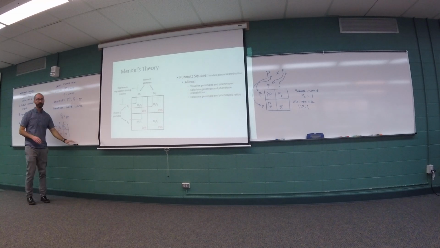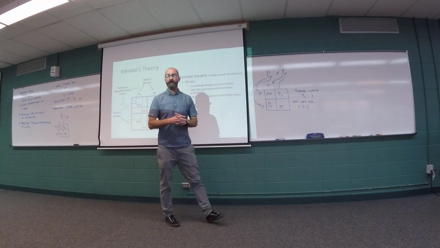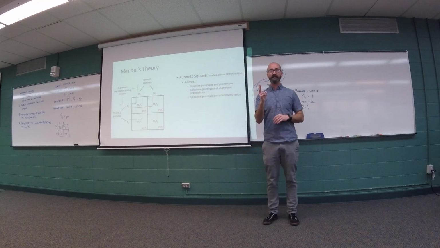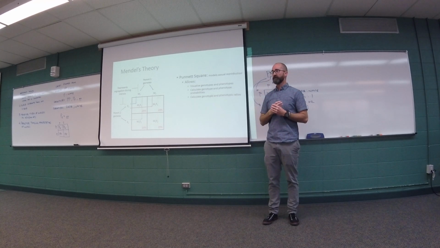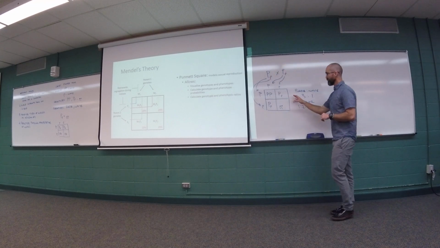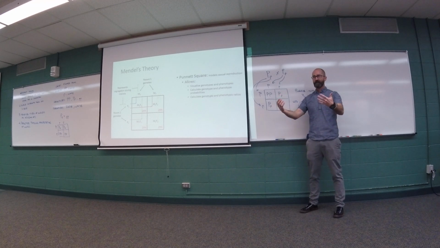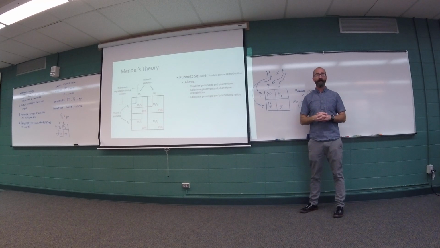So again, let's review what a Punnett square actually does for us. Punnett squares are incredibly useful tools because they model meiosis, they show us the types of gametes that can be produced, and then they allow us to calculate genotypic and phenotypic ratios. So if we were to look at this Punnett square, what we're saying is dad can, and let's use an anthropomorphic example, let's say this is eye color.